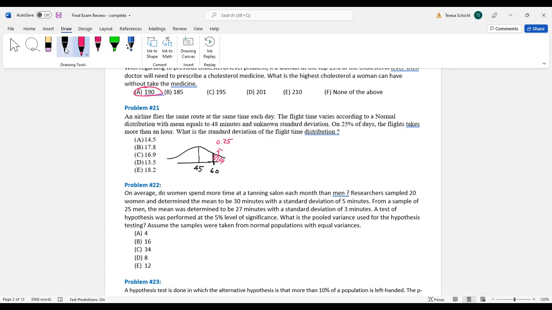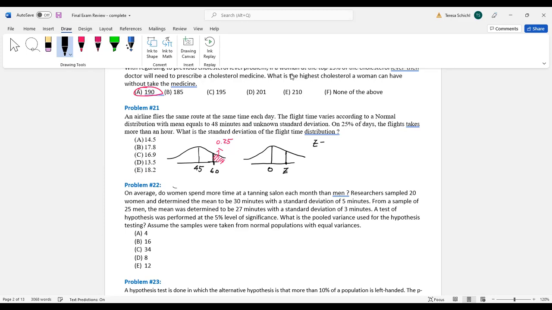So we know the way we can do the z-scores, right? I should do the graph here. If you translate this to z-scores, 45 is going to transfer to 0. And this 60, this is what I call the z-score.